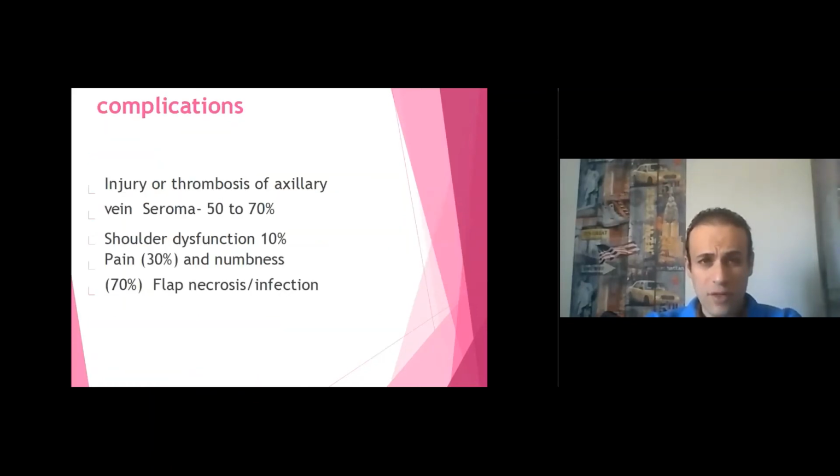Complications of the mastectomy: injury or thrombosis of the axillary vein, seroma, and this is why we use two drains, shoulder dysfunction through the scar, pain and numbness, and necrosis, infection.